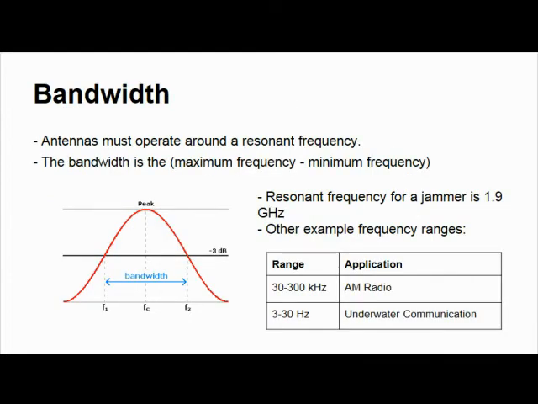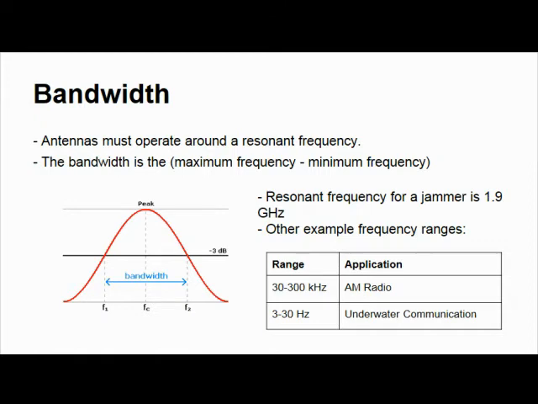So bandwidth, as mentioned before, antennas operate around the resonant frequency. And the bandwidth is defined as the maximum frequency minus the minimum frequency. So if you look at this diagram here, the center frequency or the resonant frequency is here, and the bandwidth would be f2 minus f1. So for a frequency range of 90 to 95, our bandwidth would equal 5.